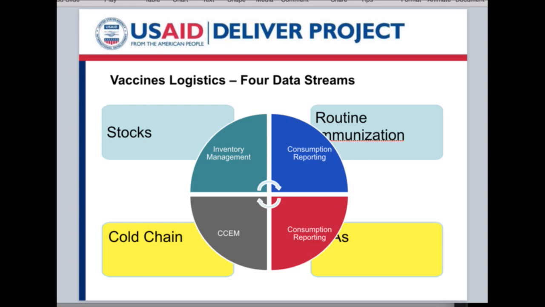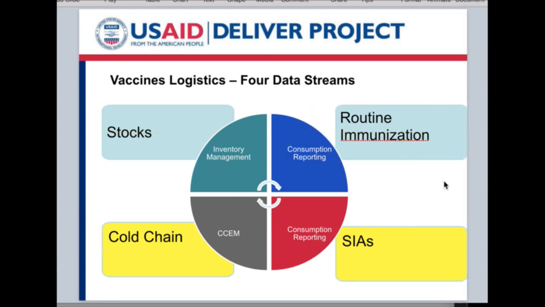Actually, vLMIS has 4 data streams. At one end it is doing inventory management from the federal level. There are 6 levels in Pakistan: federal, provincial, divisional, districts, tehsils, and union council. The vaccination occurs at the union council level, while the manufacturers supply vaccine at the federal level.